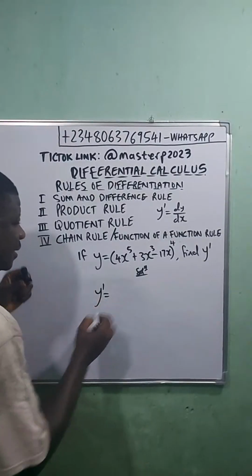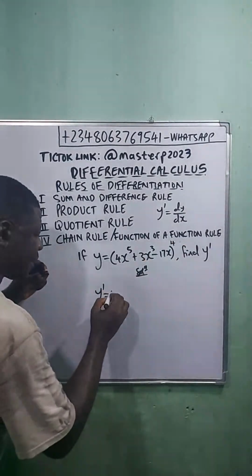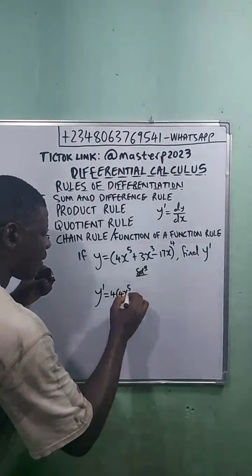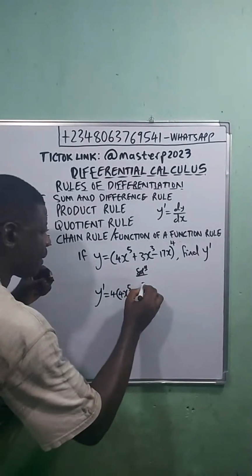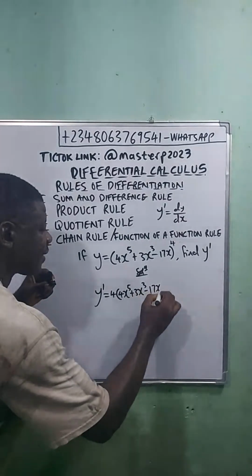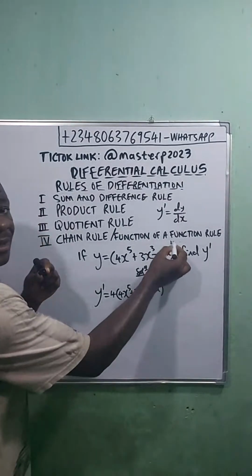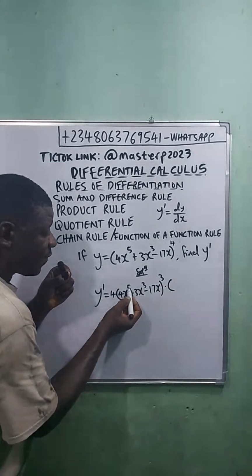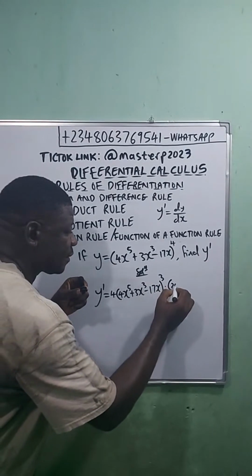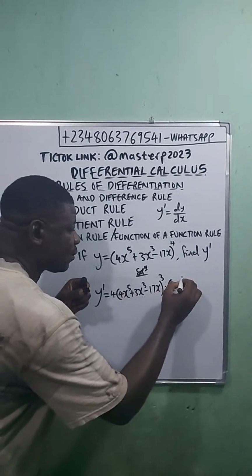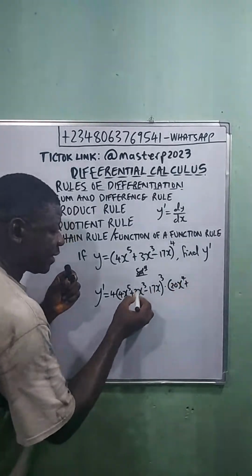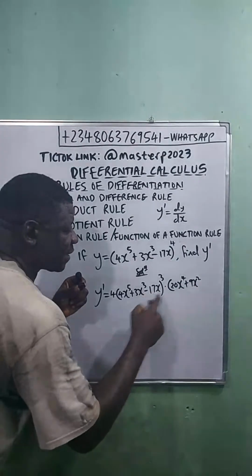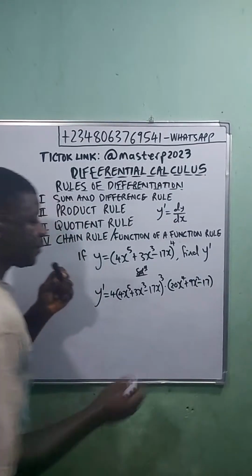So solution: y prime simply means I'll take this 4 and bring it down, then recopy this thing, which is 4x to the power 5 plus 3x to the power 3 minus 17x. Then I'll subtract 1 from the power to get 3, into, I differentiate what I have inside. 5 times 4 is 20, x to the power 4. Then 3 times 3 is 9x squared. Differentiating minus 17x gives minus 17.